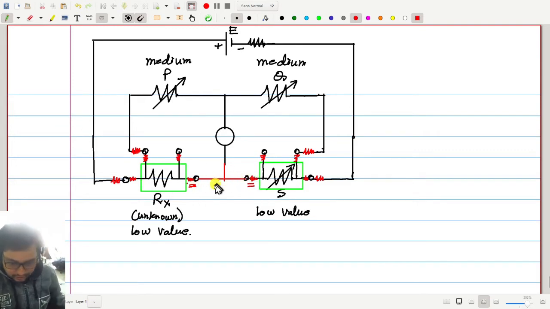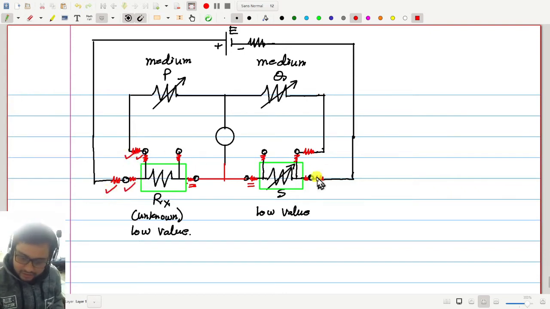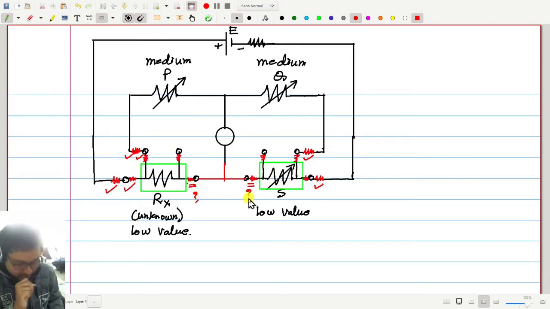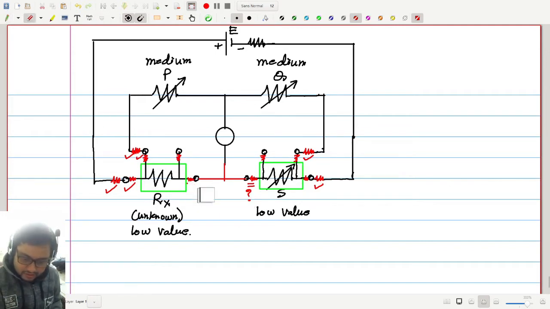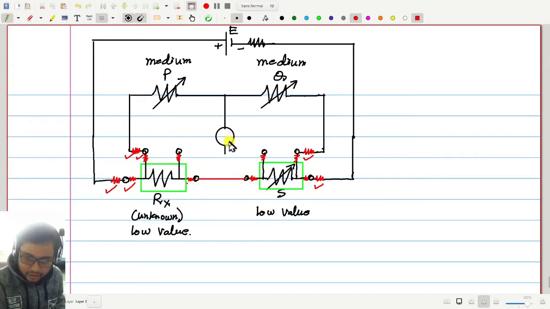No easy escape from these two. This is fine, this is fine, these are fine, no problem. But what about this? So what we will do is this. Let this resistance be there, but now let me make some space.